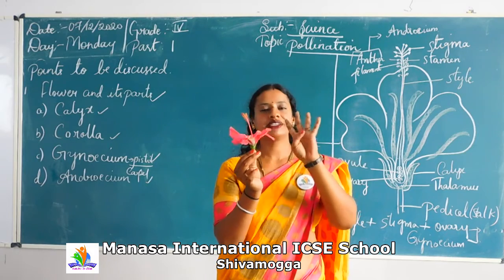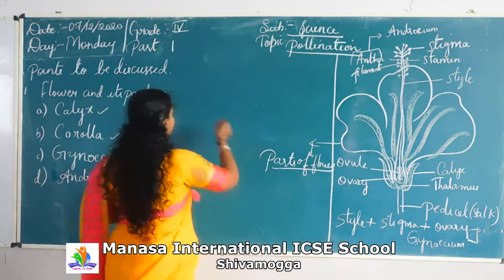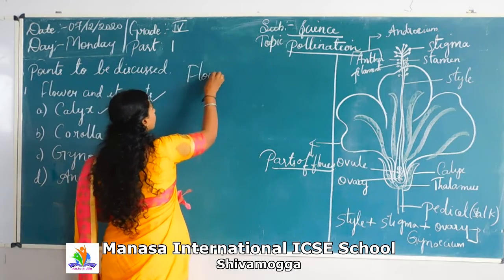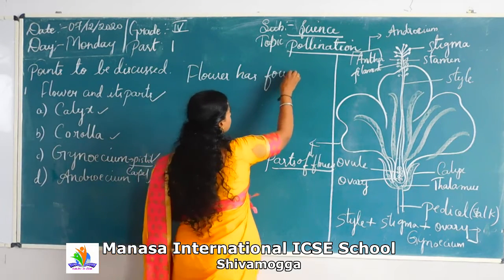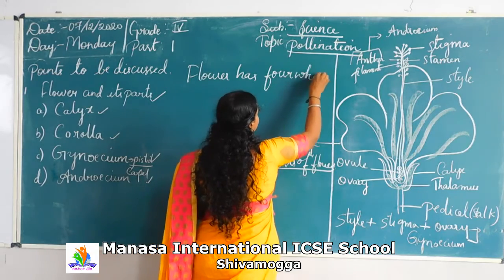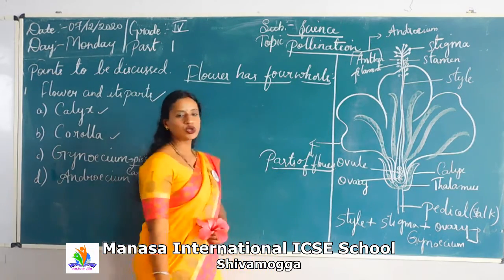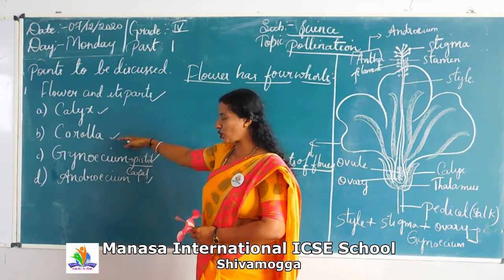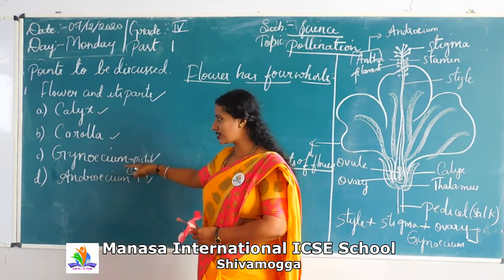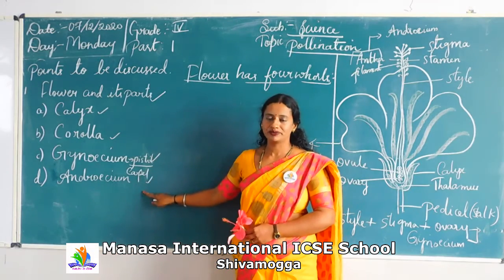The flower has 4 whorls. How many whorls? 4 whorls. Those are: first the calyx, second the corolla, the third whorl is the gynoecium, and the fourth whorl is the androecium.